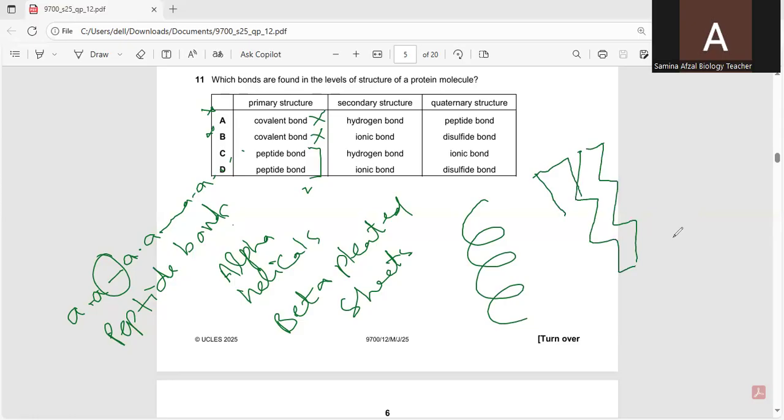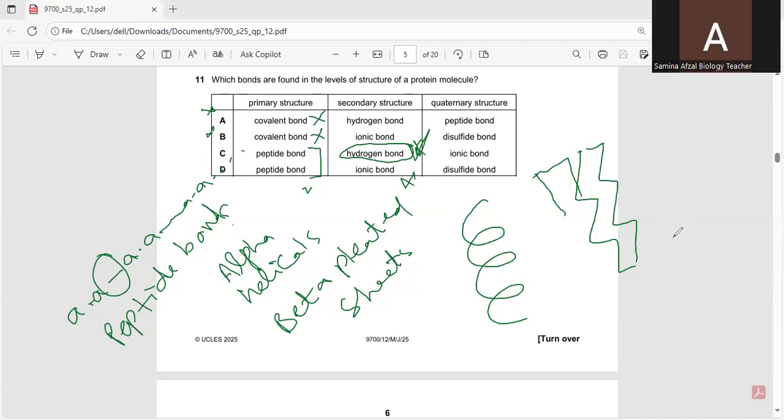So a sheet-like structure is formed. During this formation of alpha helices and beta sheets, hydrogen bonds are formed between the atoms in the polypeptide backbone. So hydrogen bonds will be formed in secondary structure. Ionic bonds will not form.